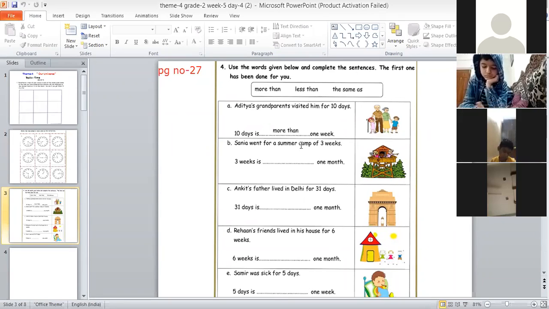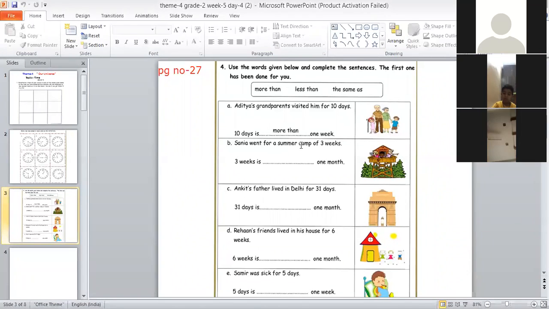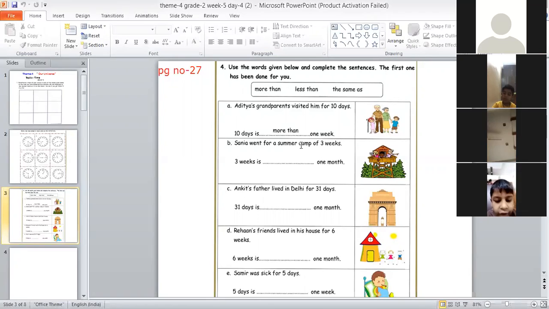Okay, now how many days are there in a month? Yes, Misbah. Ma'am, 30 or 31. Very good. There are either 30 or 31 days in 1 month, and February is an exceptional case.